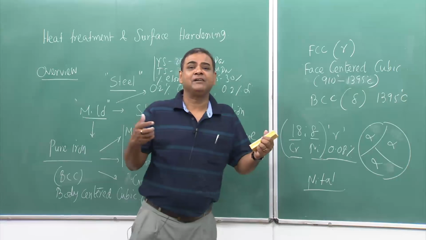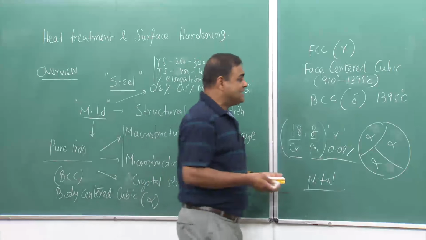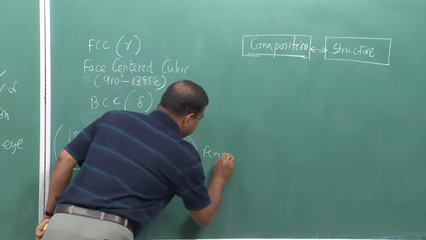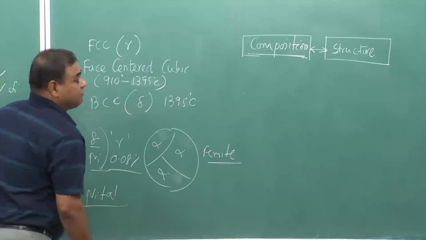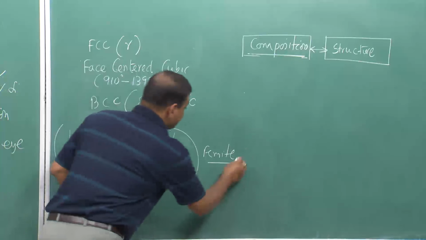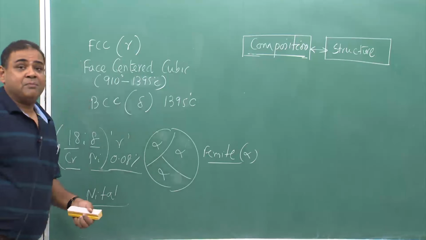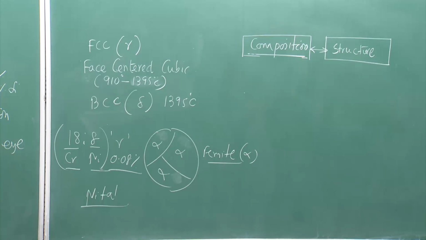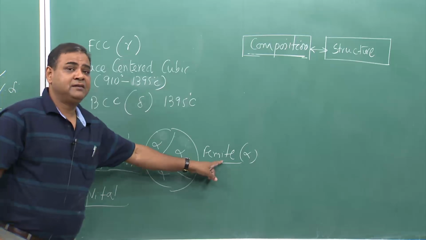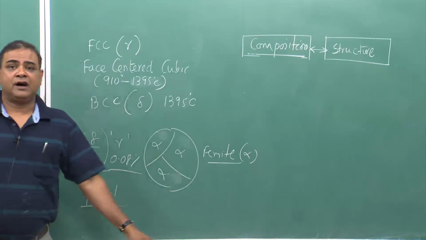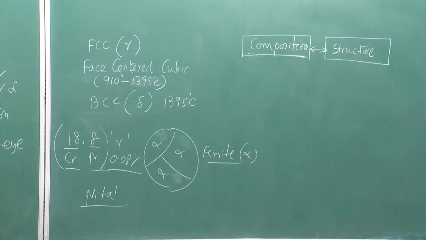Now, once we have an iron carbon alloy, that time we call it ferrite. These grains are called ferrite grains, and that means the ferrite is also alpha. But now, this alpha contains interstitial carbon. So that means this ferrite is nothing but an alloy of pure iron and carbon.